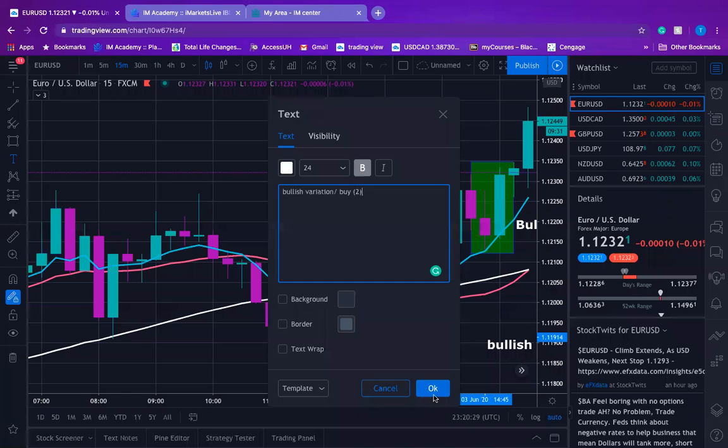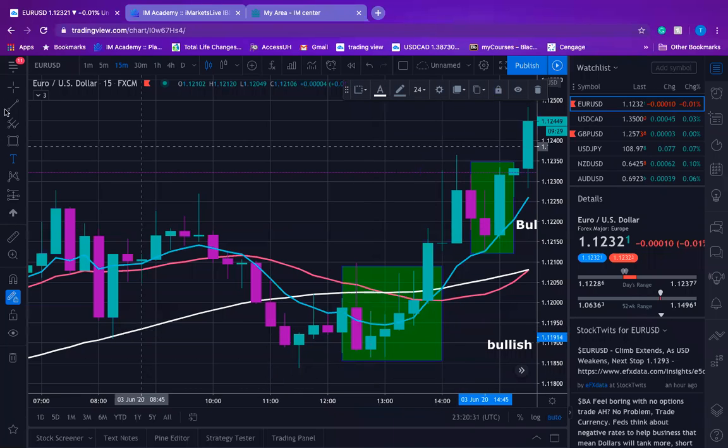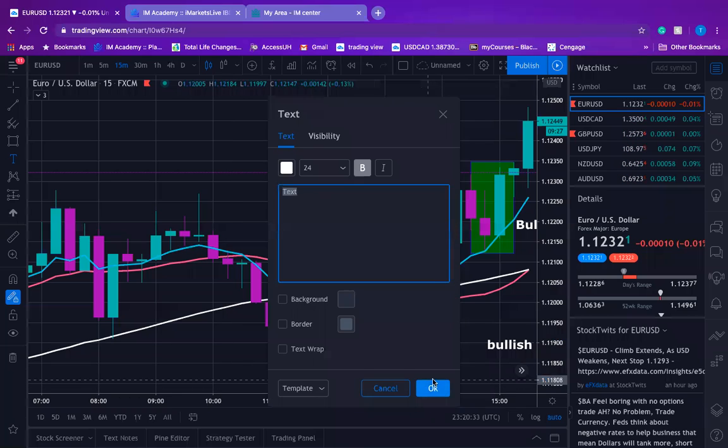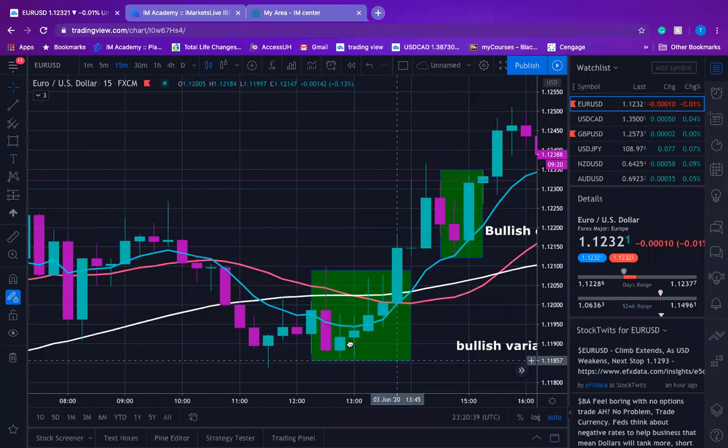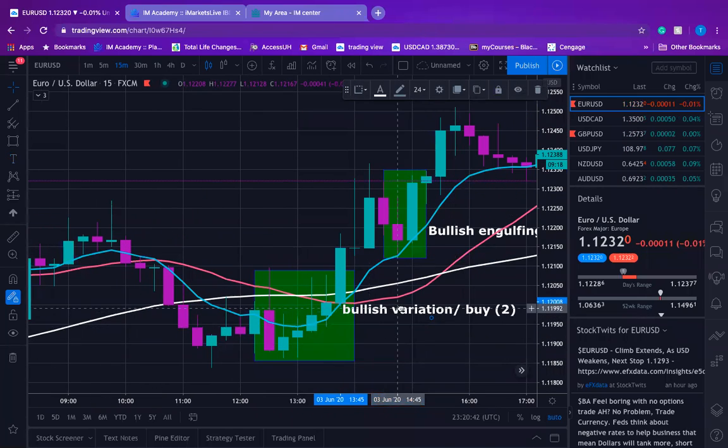Let me scoot over a little bit. This is our bullish variation, right? Basically what happens is you have more than one blue or green candlestick engulfing only one red candlestick.